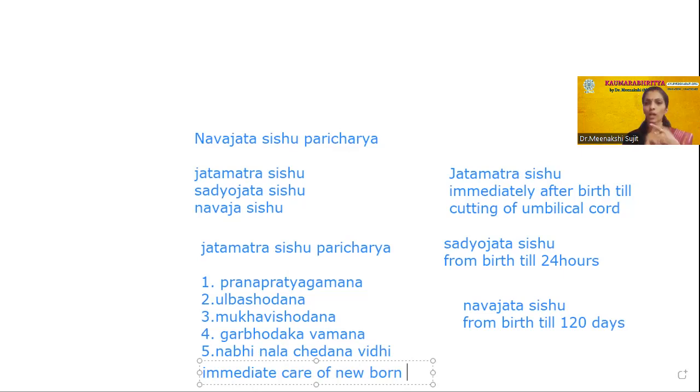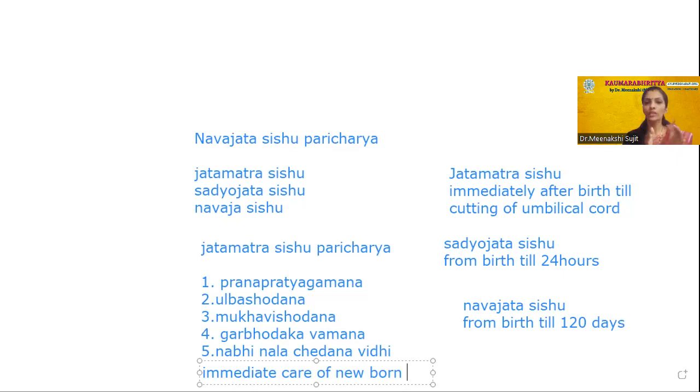You should advise the mother to keep skin-to-skin contact and keep the baby warm. If the baby has any complications within 24 hours, immediately refer the baby to the pediatrician or higher authorities. If the baby is normal, you can go for normal routine care. If the baby has any complications, you can go to the physicians according to the complaints.